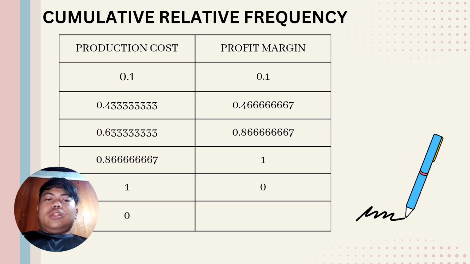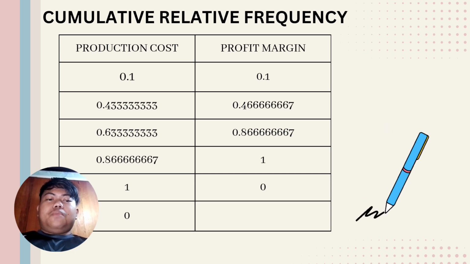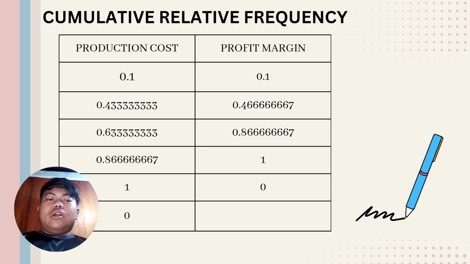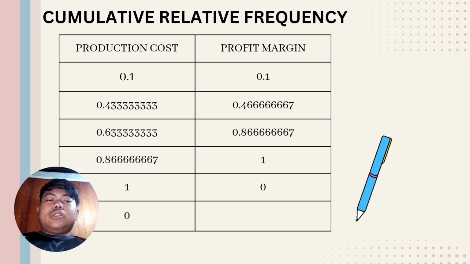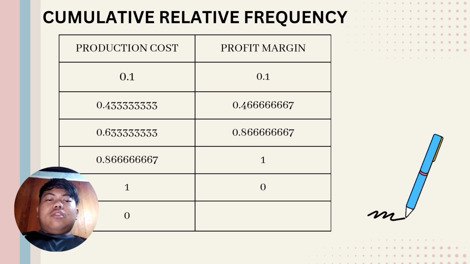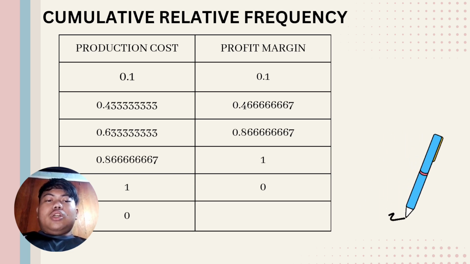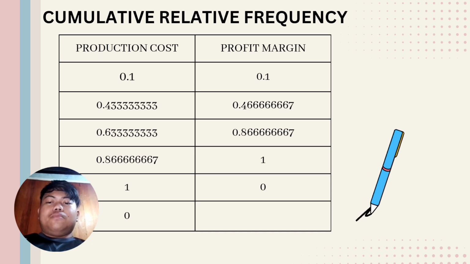For profit margin, 10% of margin is up to the first range, 46.67% are up to the second range, and so on, reaching 100% by the fourth range and the last range being zero. This information is crucial for understanding the distribution and concentration of cost and profit within the dataset.